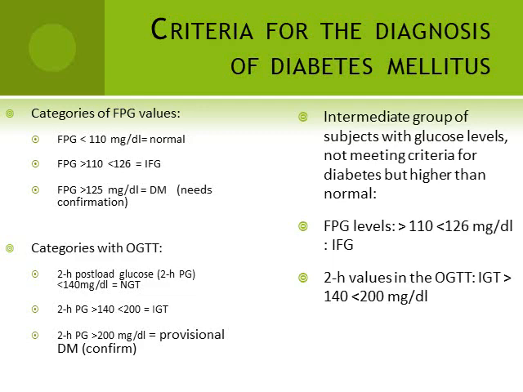Pre-diabetes is an intermediate group of subjects with glucose levels not meeting the criteria for diabetes but higher than normal, that is fasting plasma glucose of more than 100 and less than 126. And 2 hours postprandial levels more than 140 and less than 200 are called pre-diabetes or impaired glucose tolerance.